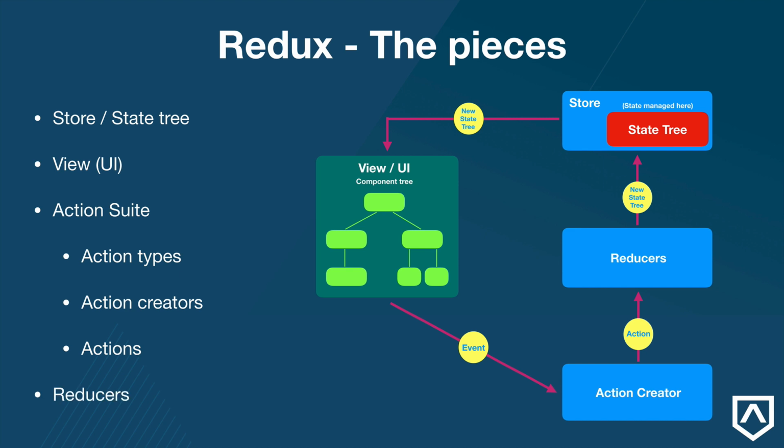Then finally, the reducer receives that action that was emitted and will create a new state tree and pass that to the store. The old state tree is replaced by the new state tree, and that new state tree is then passed along to the view, and the cycle continues after that.